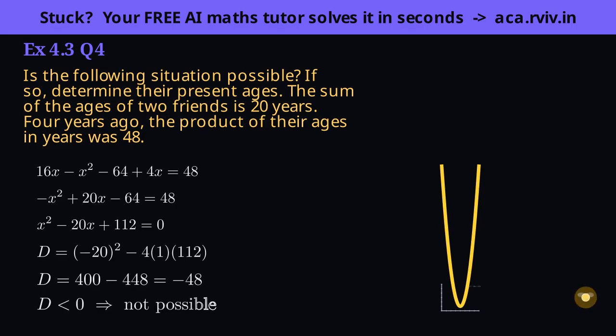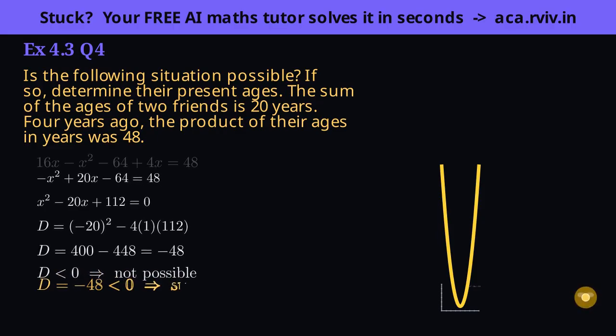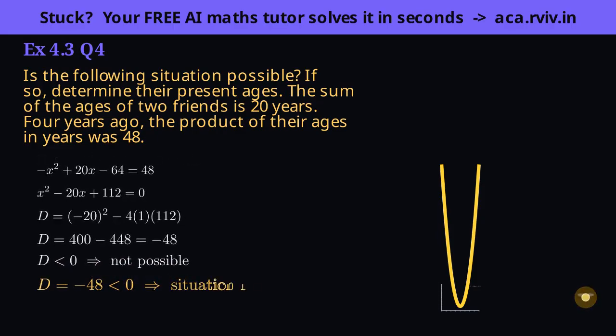The situation is impossible. A negative discriminant is a firm mathematical no. The described situation simply cannot occur in reality. This is the discriminant's real-world power. It tells you when a problem has no valid answer at all, before you waste time hunting for one.